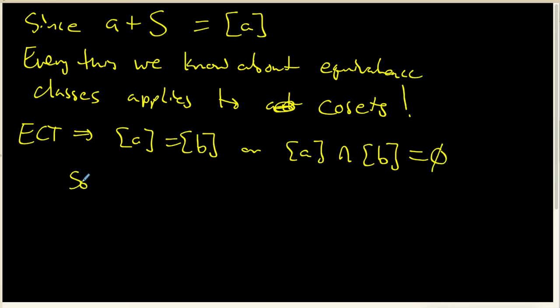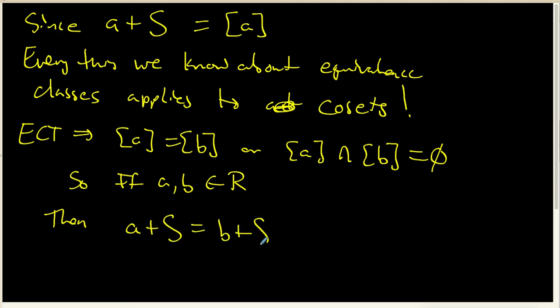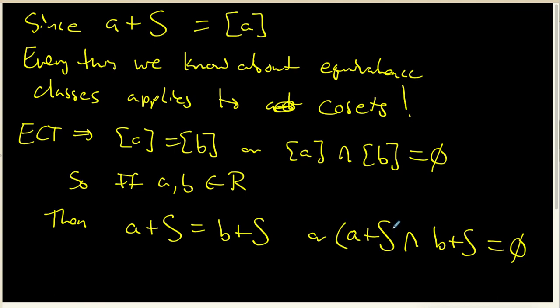And so what we can say is that if A and B are inside the ring R, then their left cosets are either equal or their left cosets are disjoint. And to make that a little bit easier to read, let's put parentheses around that.